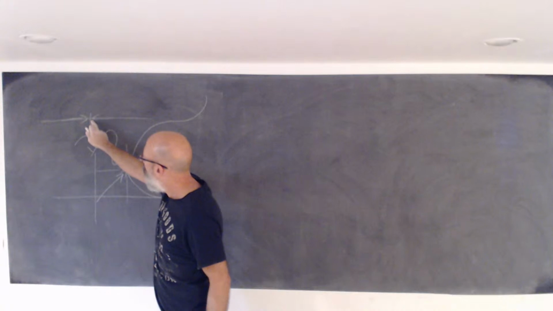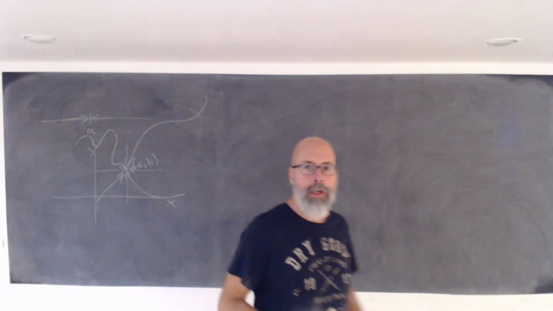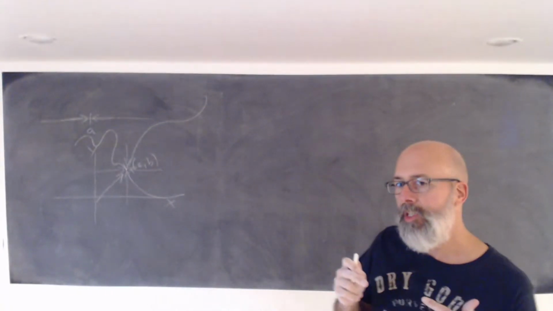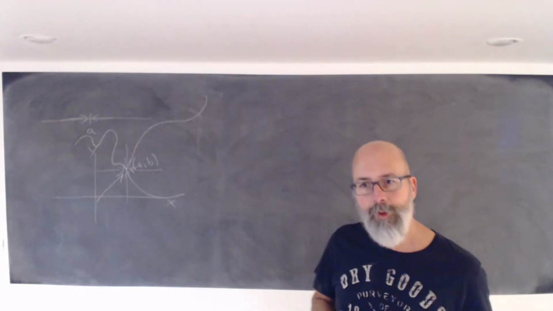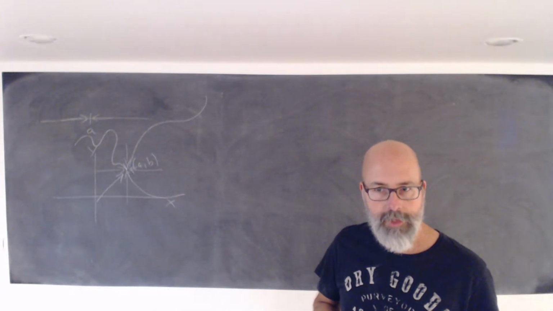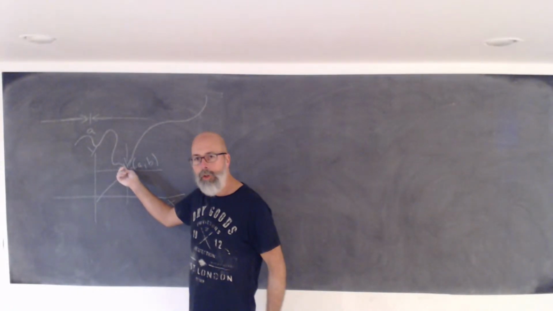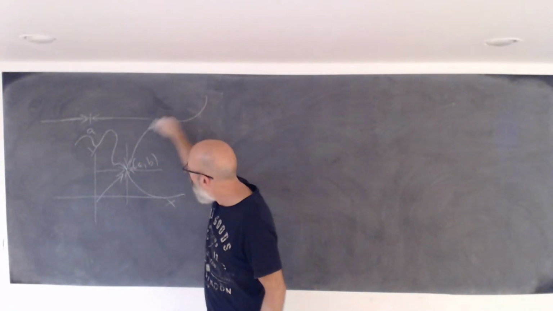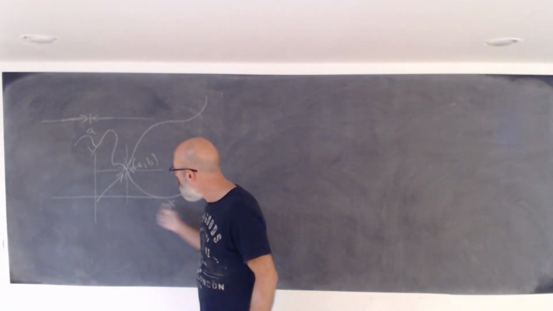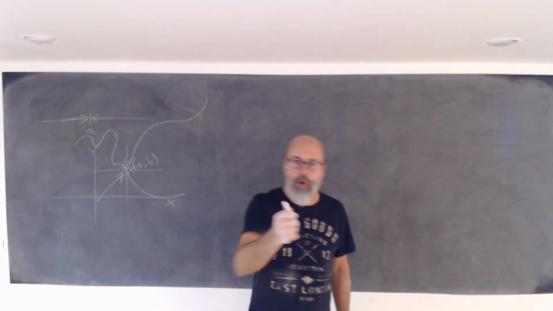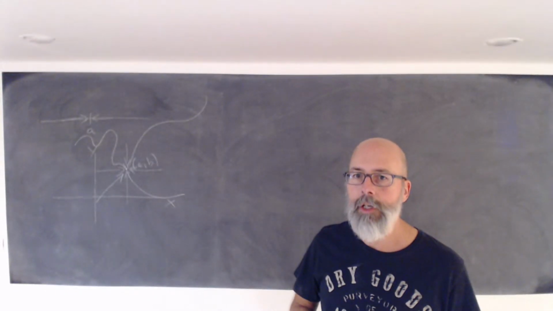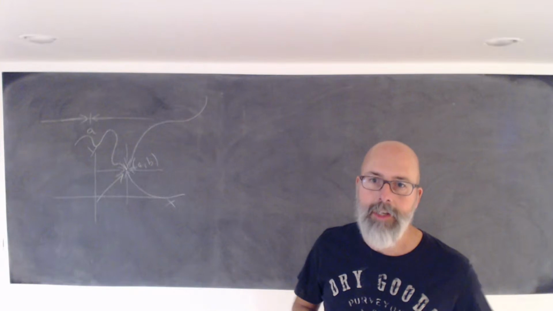In the one variable case, we would say that the limit exists if the limit from the left and the limit from the right exist and are the same. Here, the limit is going to exist if the limit from every single curve going to that point exists and is the same.